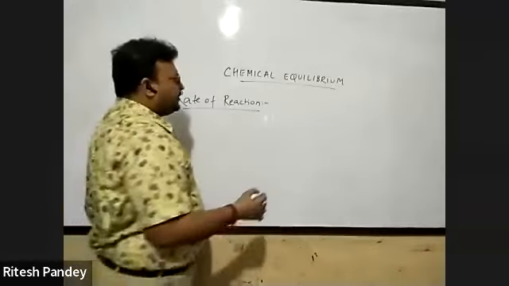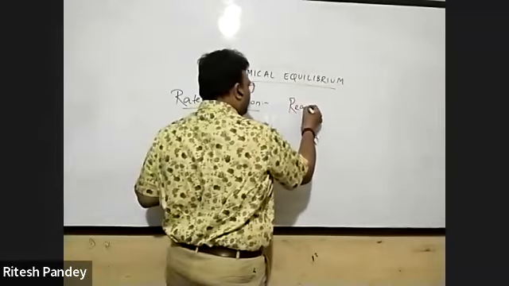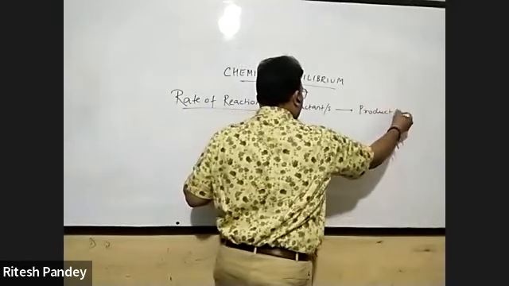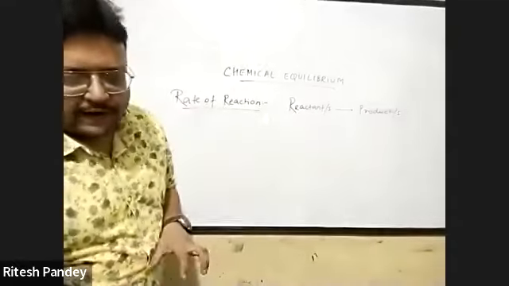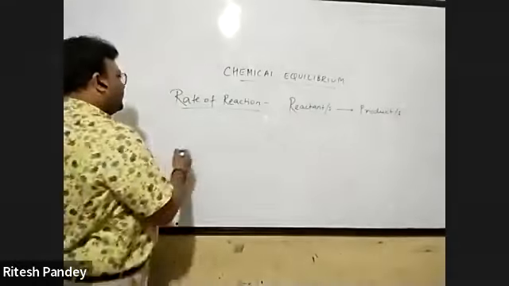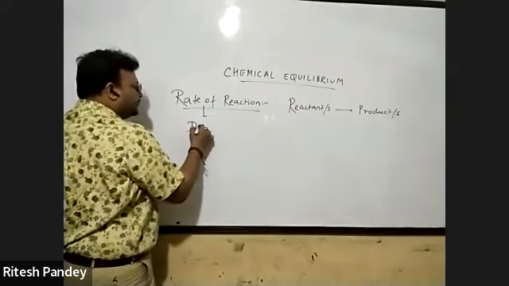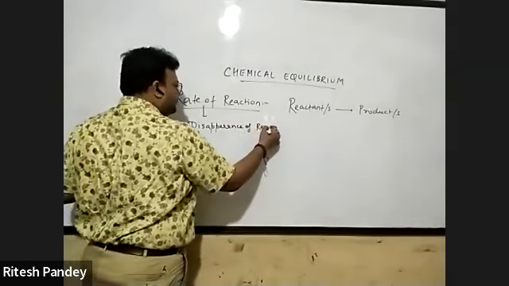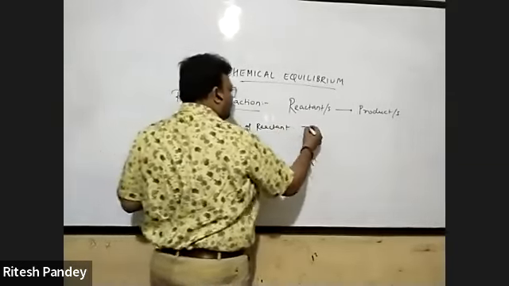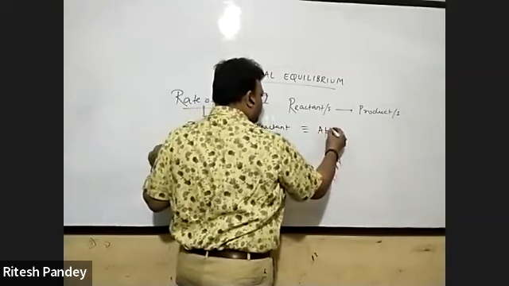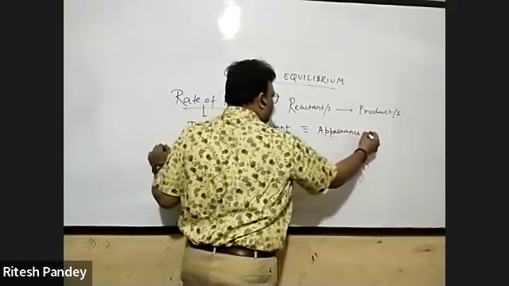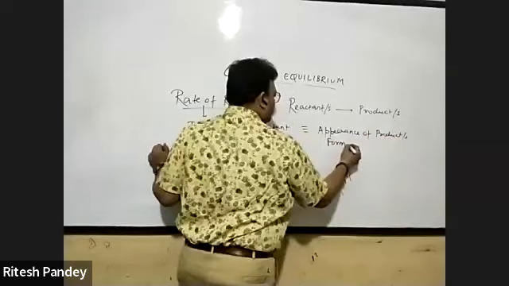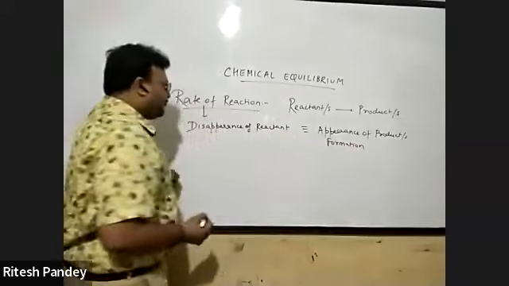I might have told you in the past, in general, a chemical reaction would be a set of reactants becoming a set of products. And naturally, by rate of reaction, I would either mean the rate at which reactants disappear or the rate at which products are appearing, or the rate of formation of products.